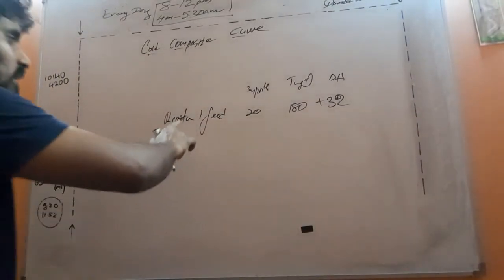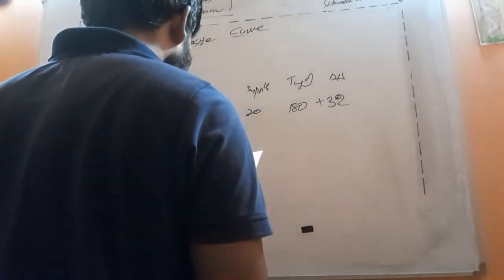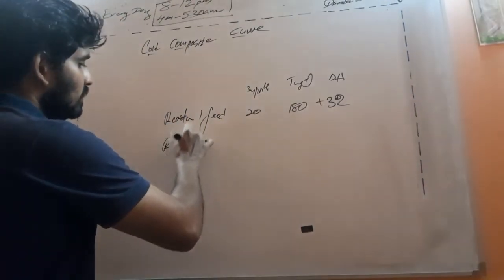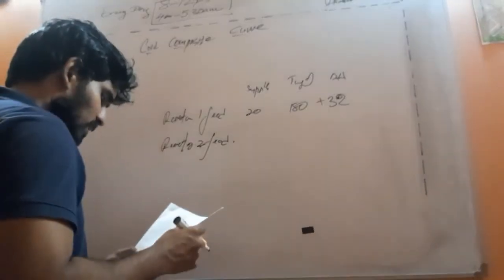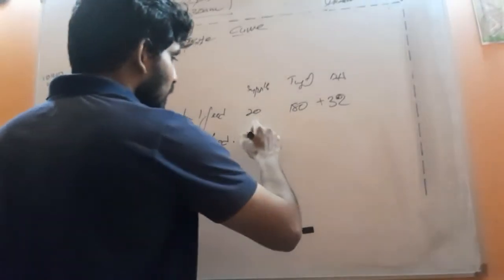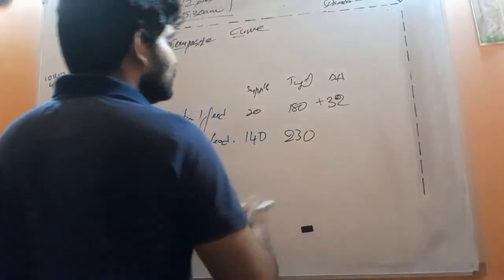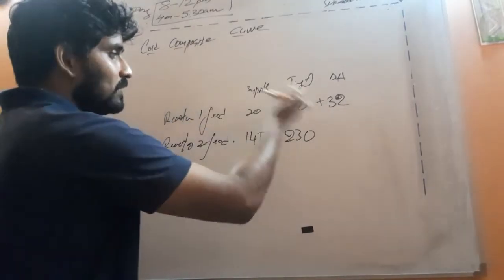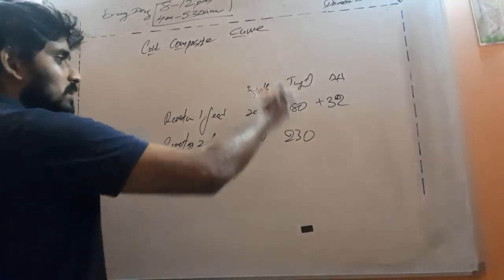One profile is reactor 1 feed, supply 20, target 180, delta H 32. And the next process is reactor 2 feed, supply 140, target 230. The first temperature that you see is lesser than the temperature after that, which means the supply is lesser than the target.